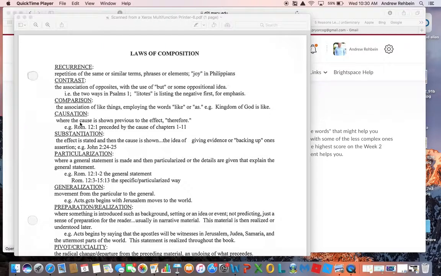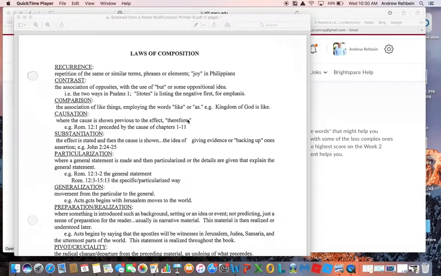Causation, where the cause is shown previous to the effect. So here's that key word that is so common throughout Scripture: therefore. Whenever we see that connecting word, therefore, it gives us a huge clue that causation is at work, that there's a cause, and the effect of that is going to be communicated after the therefore, right?